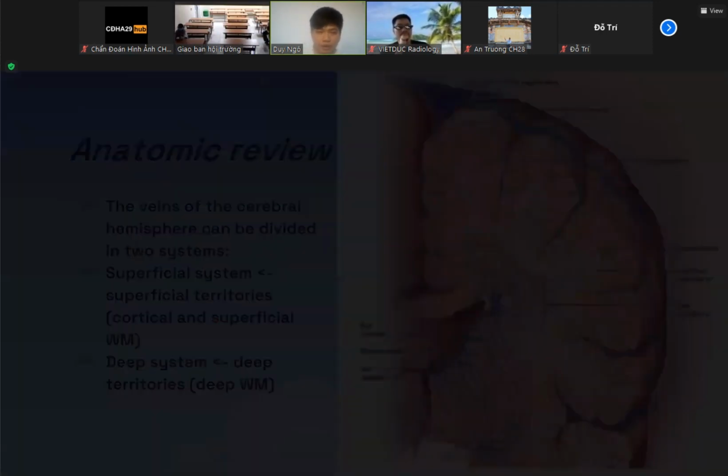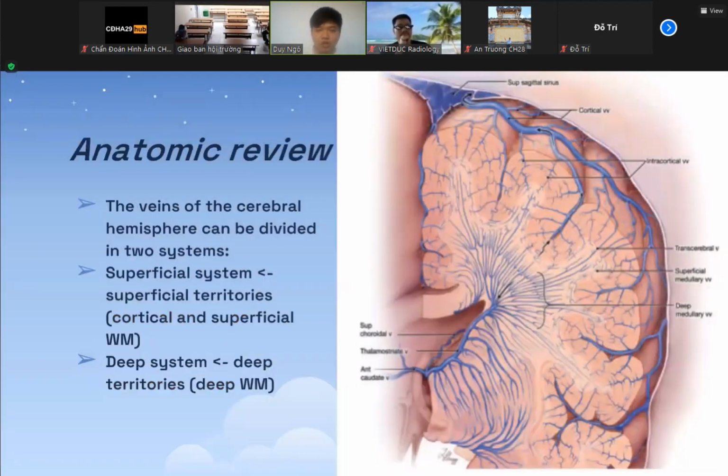So why? In order to understand the DVA, let's talk a little bit about the anatomic review. The veins of the cerebral hemisphere can be divided into two systems. The first one is the superficial system, and the second one is the deep venous system. The superficial system, like the cortical veins or the veins draining into the superior sagittal sinus, most likely drains the blood from the cortical gray matter and the subcortical white matter in the superficial region.